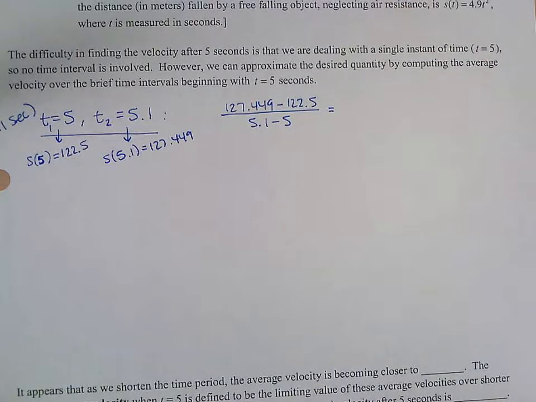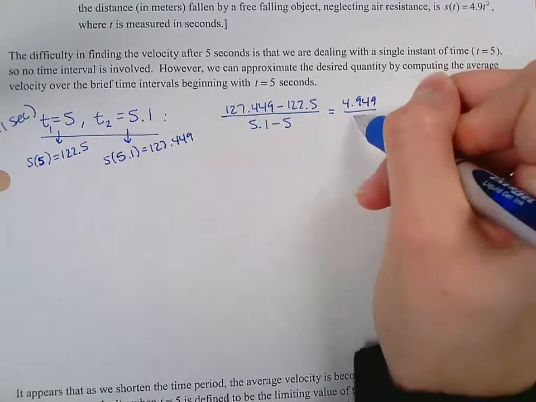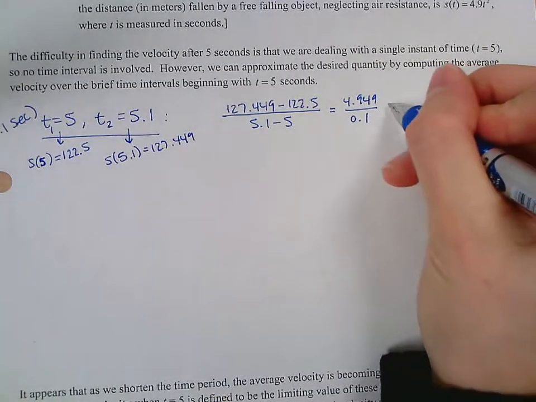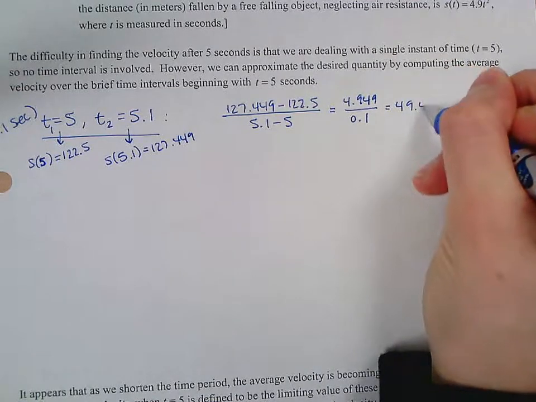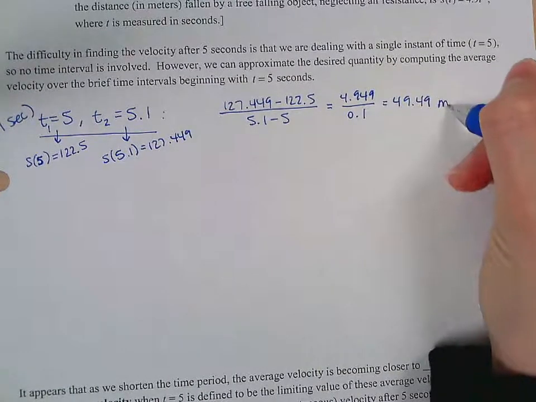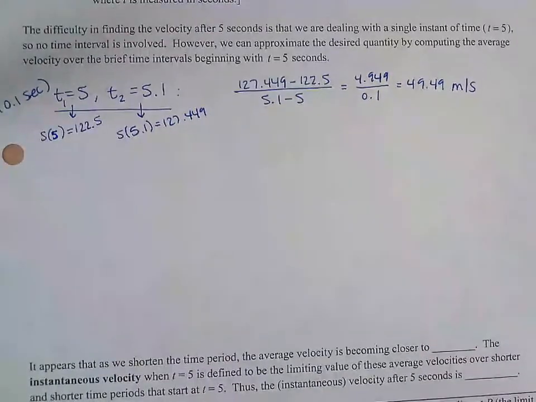And that would give me 4.949 over 1/10 of a second time interval. So that gives me 49.49. This is an average velocity, so the units are meters per second in this case. So that average velocity for that 1/10 of a second is 49.49 meters per second.